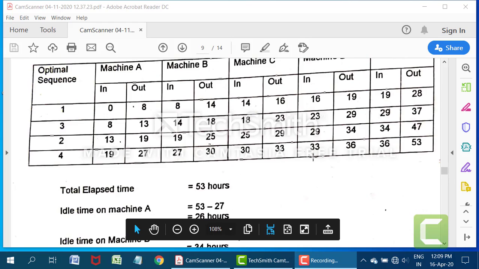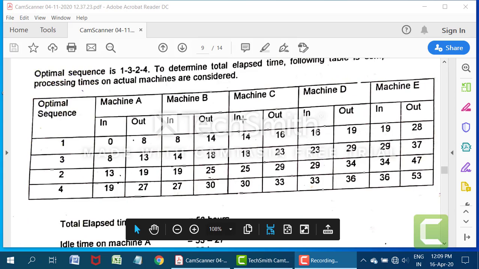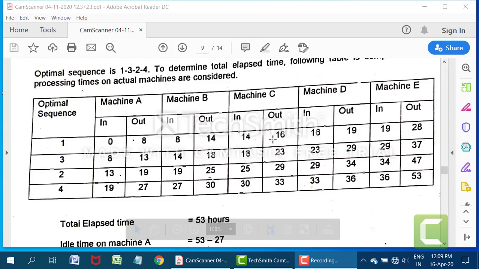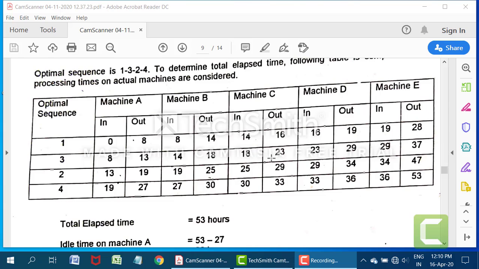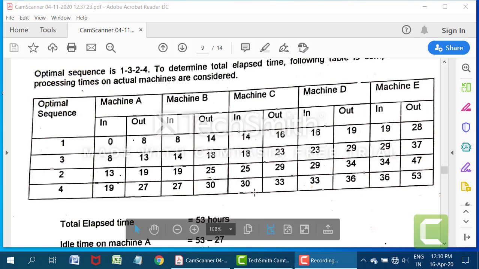Similarly, idle time on machine C. The first 14 hours it was idle. Then look at 16 to 18: the operation finished at 16, and the next job was taken only at 18. So here 2 hours idle, here 2 hours idle, 23 to 25, here 1 hour idle, 14 hours here, 2 hours, 16 to 18, 18 minus 16, 25 minus 23, 30 minus 29, these are all idle times. And at clock time 33 it has completed all the operations.